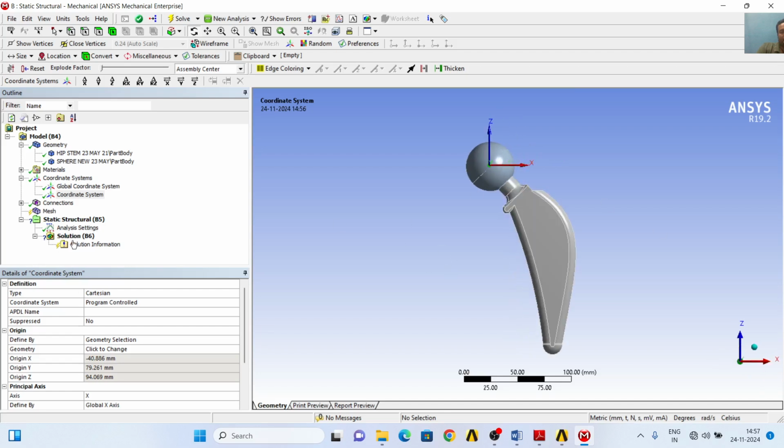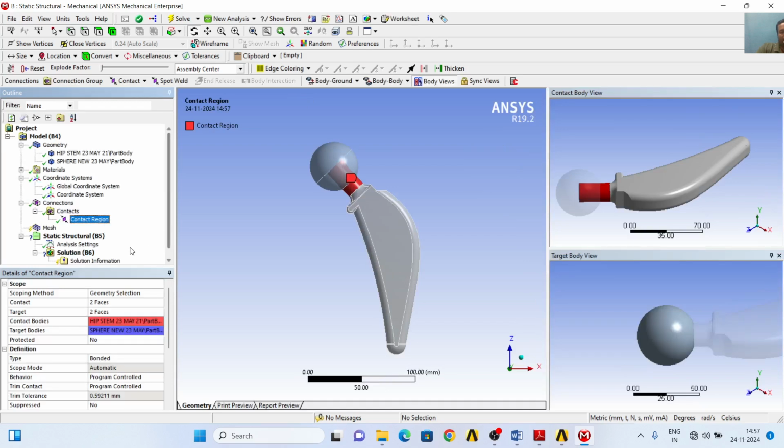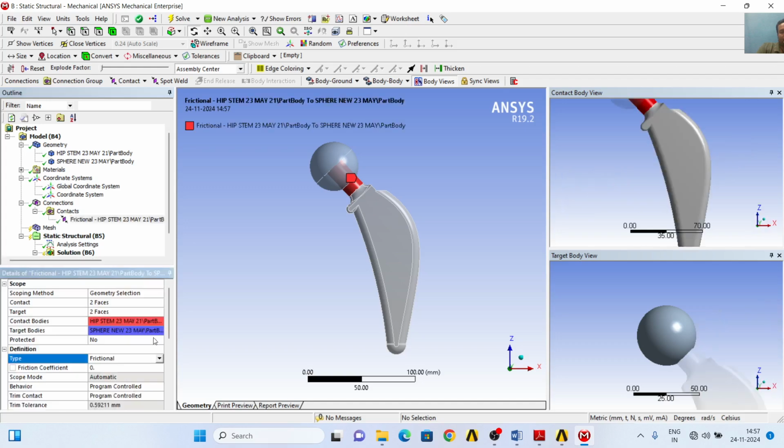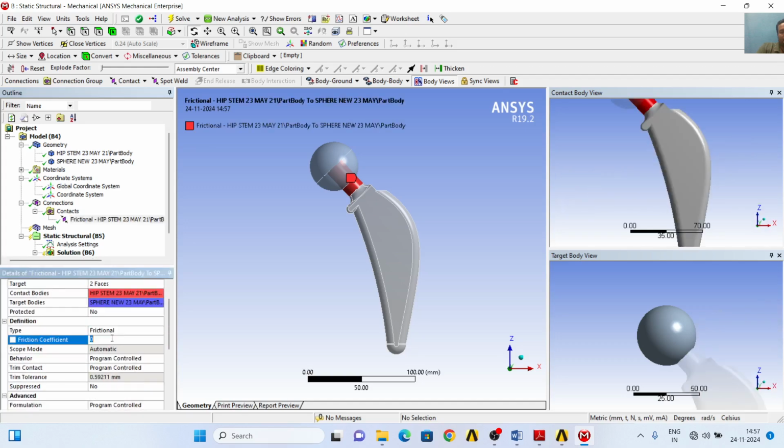Now I will go to connections, contacts. I am keeping the contact region bonded because there is no wear and friction analysis, only fatigue analysis, so I don't need to give it frictional contact, though I can give frictional contact as well. Suppose I give a frictional coefficient of 0.25.